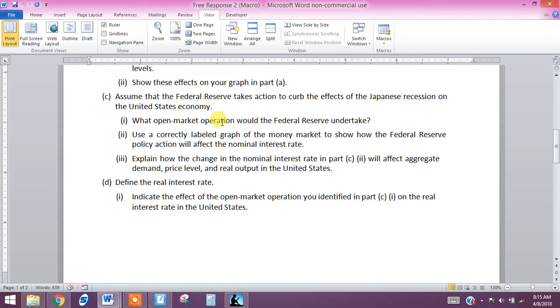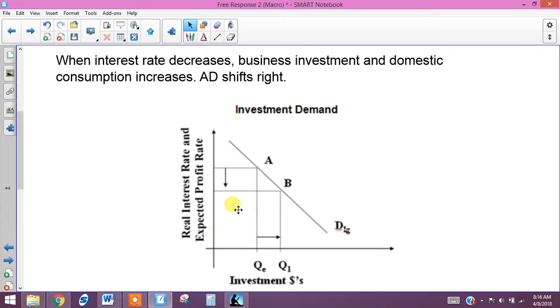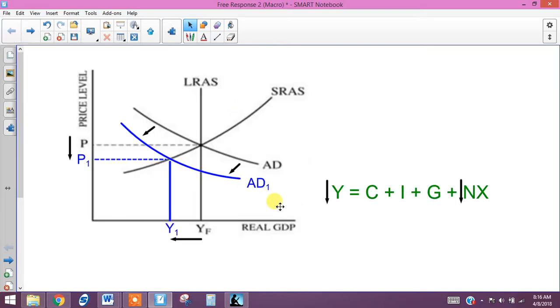Well, think through what's happening. We already said that because of this increase in investment, that's going to cause our aggregate demand curve to shift back up to the right, which is going to cause our price levels to go up, which we could also call inflation.